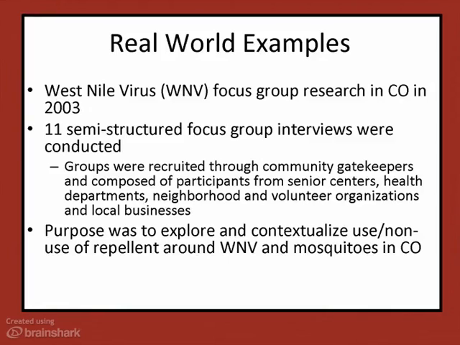And the researchers used 11 semi-structured focus group interviews, and they recruited through community gatekeepers for participants. And the purpose is really to explore and contextualize why people chose to use or not to use repellent when there was this outbreak of West Nile in Colorado.